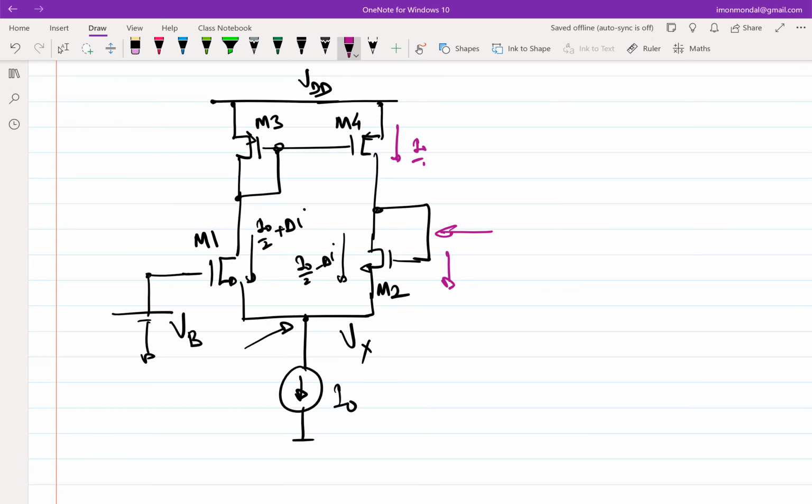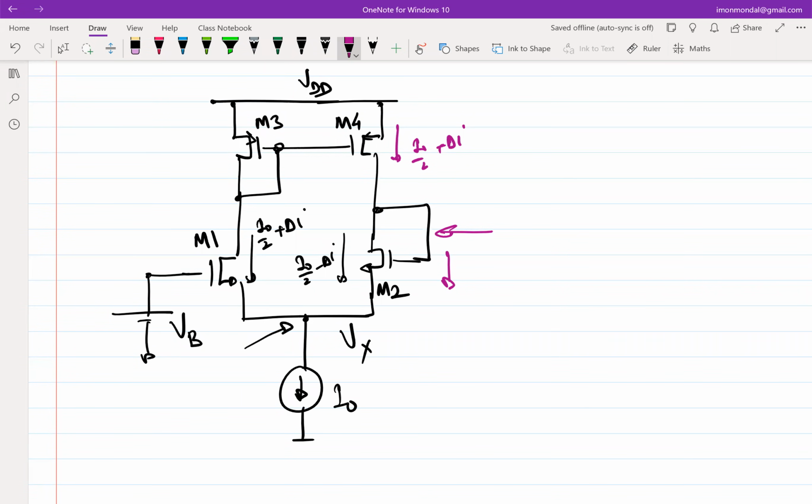This will be I naught by 2 plus delta I. So you cannot have a case where through the top you have I naught by 2 plus delta I and you have I naught by 2 minus delta I. When you neglect GDS, if you have GDS, then you can say something else flows into the GDS. So this condition is not valid.